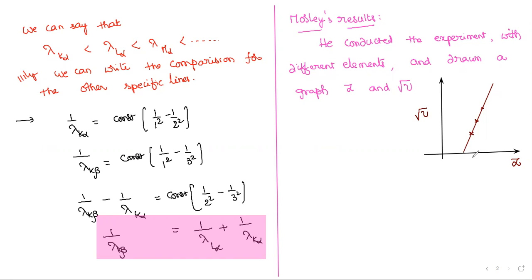You find some x intercept and some slope, and he found this is a straight line.